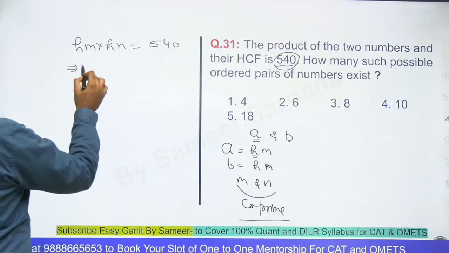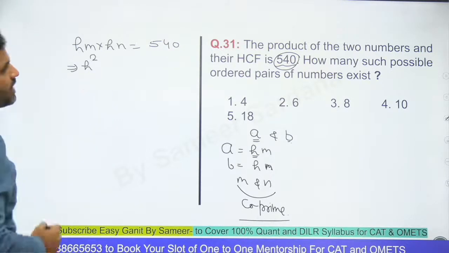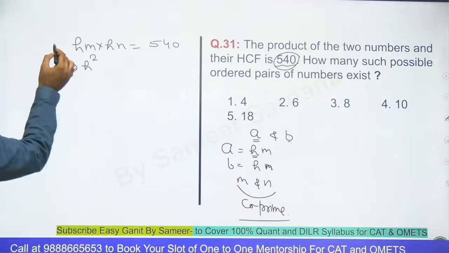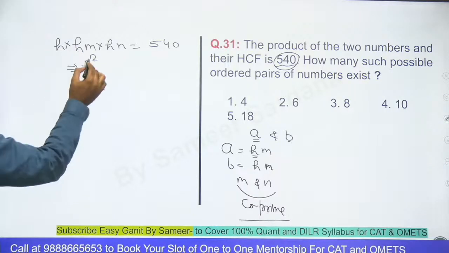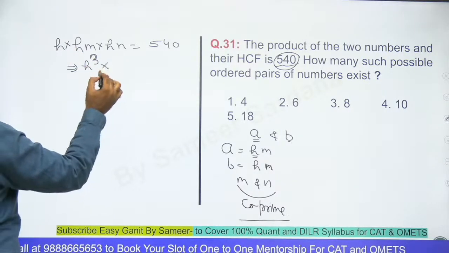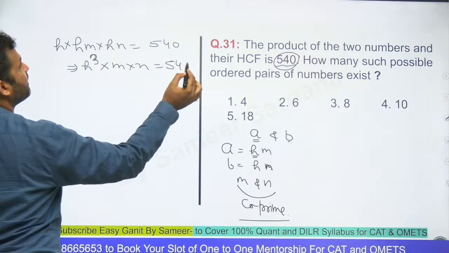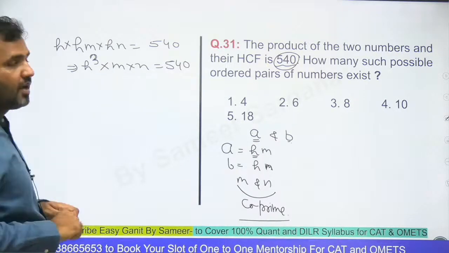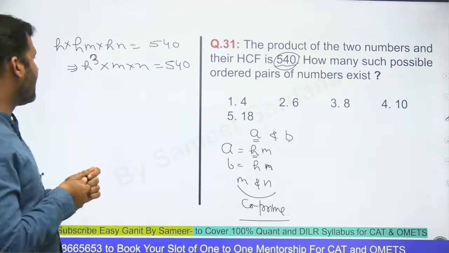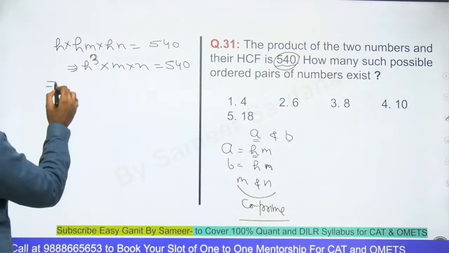Right, everybody? That means H square MN, the product of the numbers and their HCF, or इनका HCF है बच्चों H. So that means H का cube multiplied by M multiplied by N is given to me as 540, everybody.